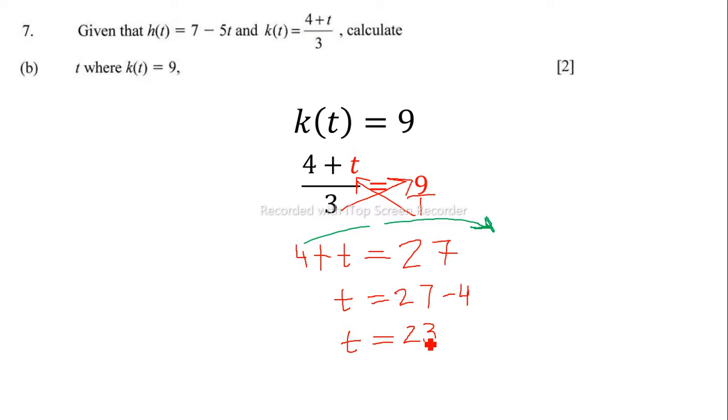So are we good? Yes. Okay, that's good. All right, so t is equal to 23.